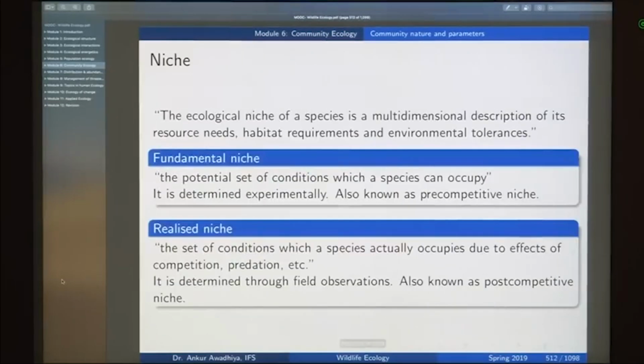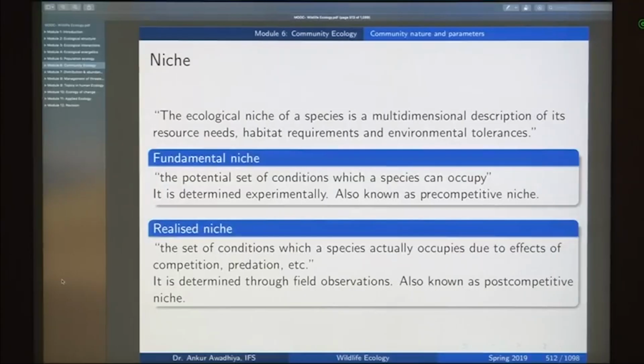Then from guild we also define the niches. So, niche is a multi-dimensional description of a species' resource needs, habitat requirements and environmental tolerances. So, if you have two species that are having the same niche, the level of competition is very high. And then in the case of these niches, we divide it into fundamental and realized niches.